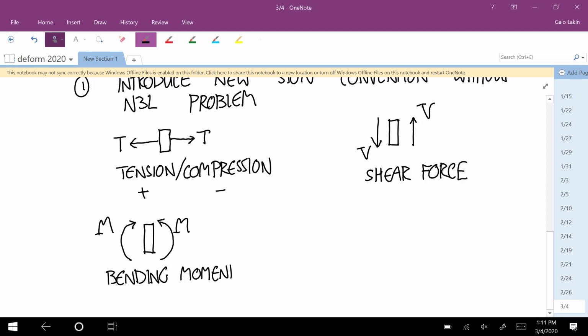And again, the sign doesn't really mean anything qualitative. And then the last one is the torque about the x-axis. So that's a couple this way or a couple this way, depending on which face you're on. And since this is called the torque, I'm going to call it capital T, but I'm going to do it all fancy like. So this is the torque.